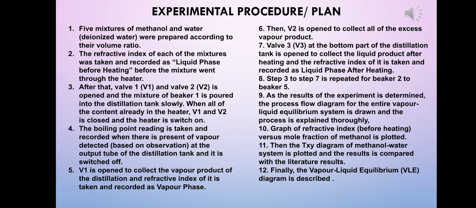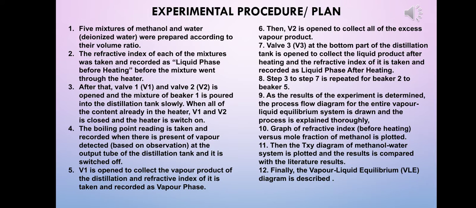The boiling point reading is then taken and recorded when there is the presence of vapor detected at the output tube of the distillation tank, and it is switched off then. Then V1 is opened to collect the vapor product of the distillation, and the refractive index is taken and recorded as the vapor phase.